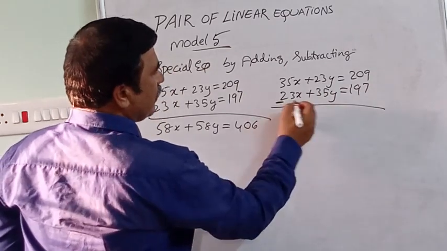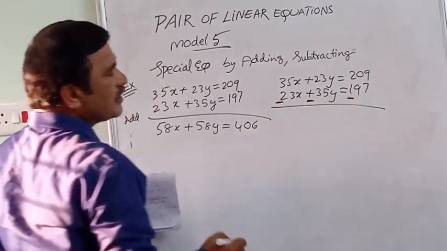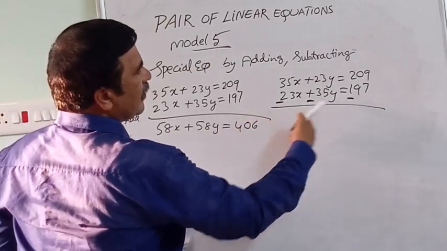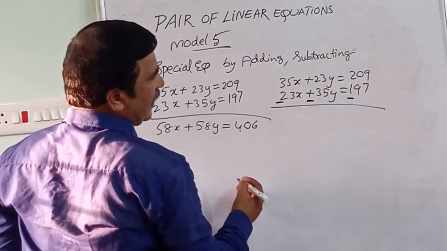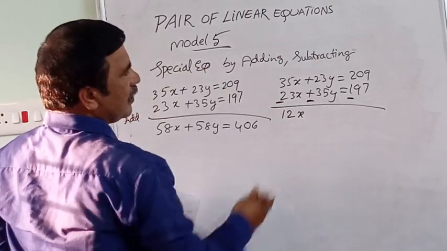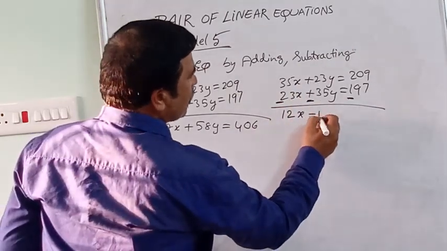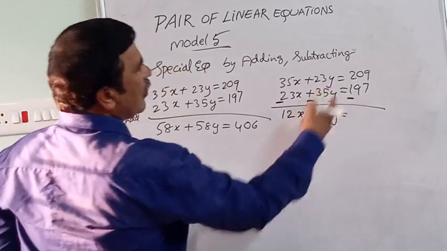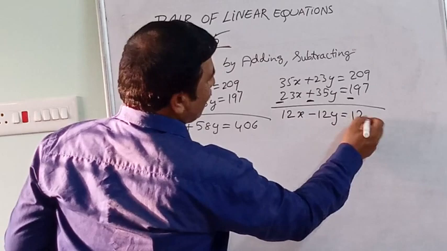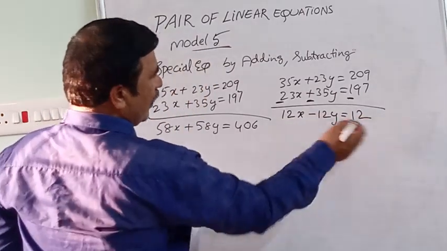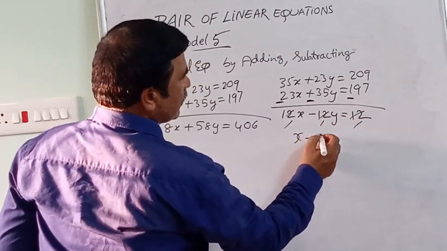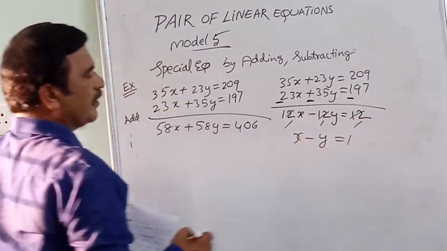If you subtract, the signs will change. This becomes minus, this becomes minus, this becomes minus. Now 35x minus 23x, how much? It is 12x. 23y minus 35y is minus 12y, equal to 209 minus 197, it is 12. Then 12 we can cancel. We can write this as x minus y is equal to 1.